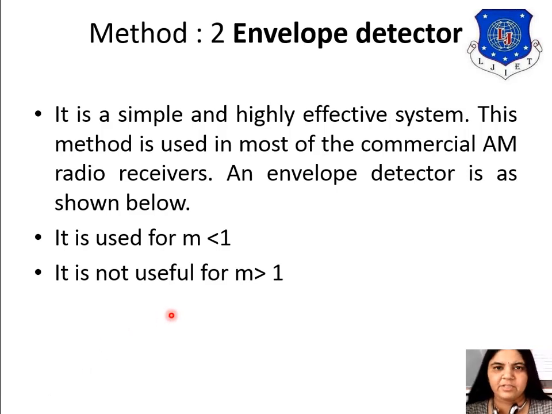The second method is the envelope detector. Now what is the envelope? In the AM wave, I told you about the imaginary line, which is the envelope of the modulating signal. So the second method to get the modulating signal from the amplitude modulated wave is the envelope detector.